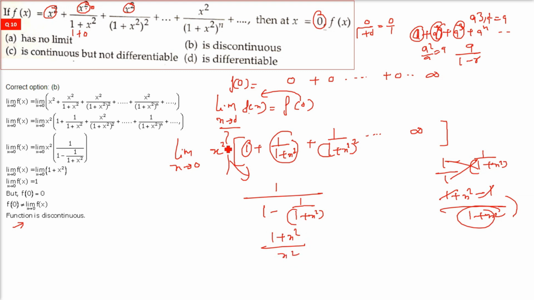The x square was already there outside, so you cancel these two and apply the limit. When x tends to 0, 1 plus 0 is going to be 1. So f(0) is equal to 0, and this limit is actually coming as 1. They are not equal, so the initial criterion failed, and you can clearly say that this function is discontinuous.